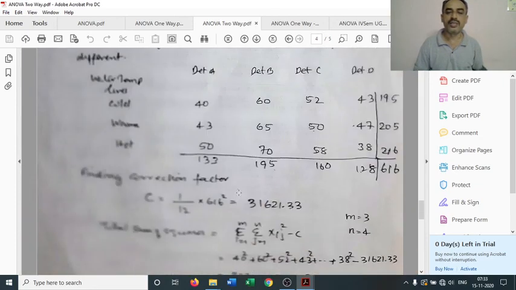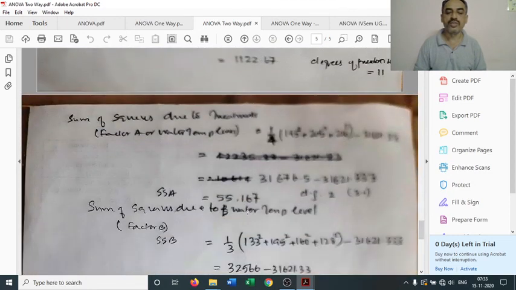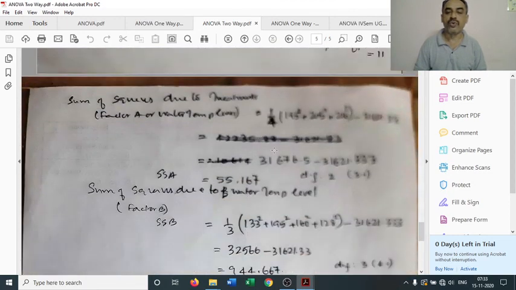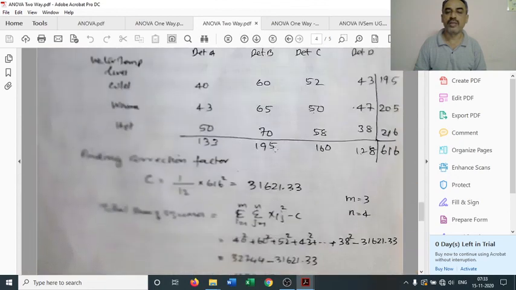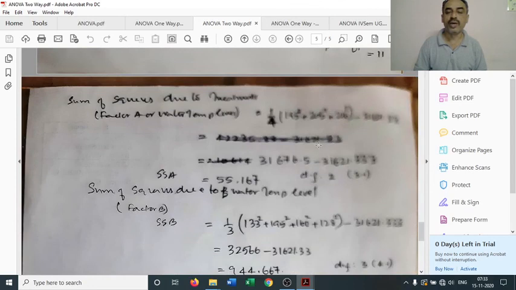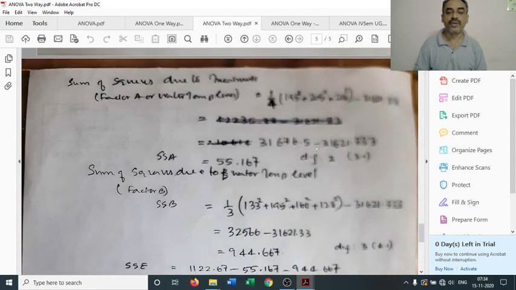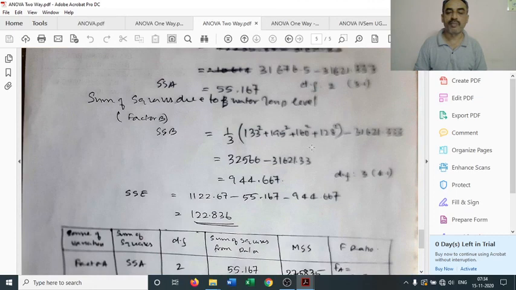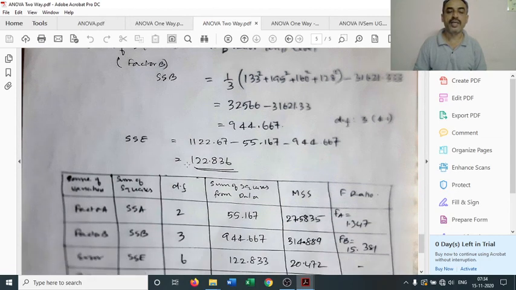The row totals are 195, 205, 216, their individual squares divided by 4, because in each sum we have 4 entries, and therefore it is 55.167. Next is factor B, that is column totals square divided by 3 minus the correction factor, 944.667. Now next is SSE, which is obtained by subtracting SSA and SSB from TSS.